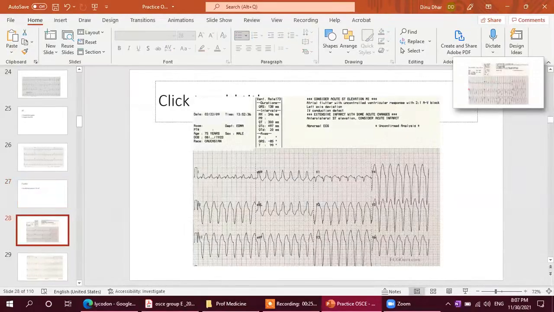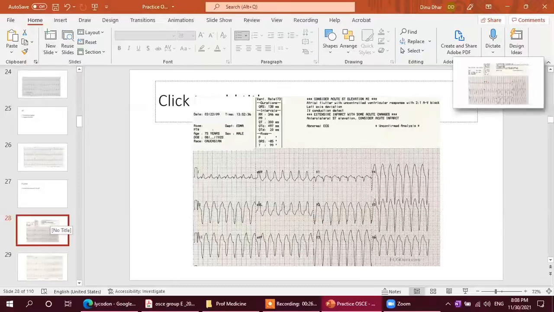And I told you, if you remember, broad complex tachyarrhythmias can be due to ventricular tachyarrhythmias, or tachyarrhythmias arising from above the ventricle with an associated bundle branch block. You can have either a ventricular tachyarrhythmia causing a broad complex tachycardia, or a supraventricular one with an associated bundle branch block. So these are the possibilities, right?